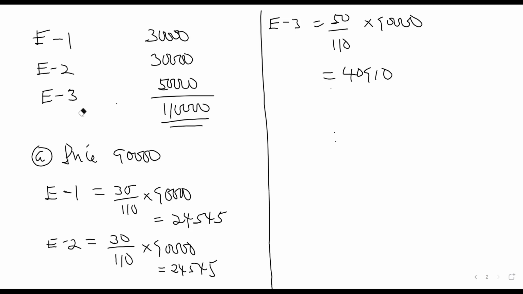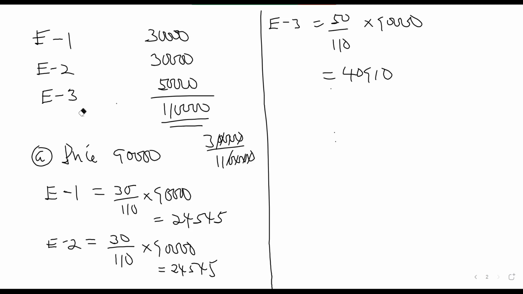It's the same thing. I'm doing this one with 90,000 in full, but I don't want to write 30,000 over 110,000 because I'll cancel before I do it. So someone can do 3 over 11, you see that the 30,000 over the 110,000, you count these zeros before you multiply. So someone can do 3 over 11, 5 over 11, multiplied by the 90,000.